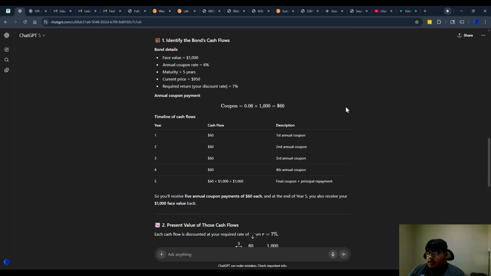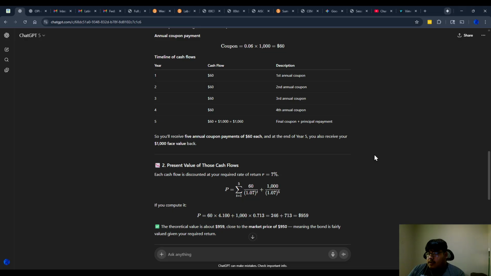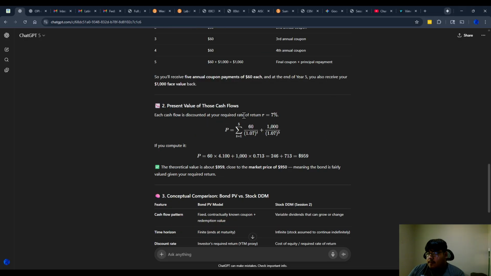Coupon is $60, 60, 60, 60, and then the present value of cash flows. Here's the formula with the return rate of 7%.